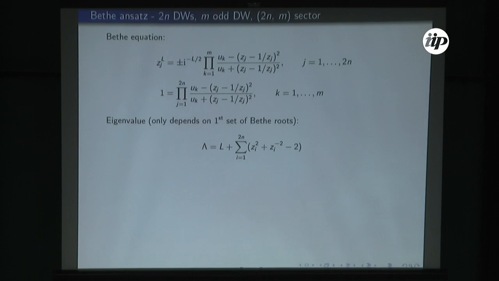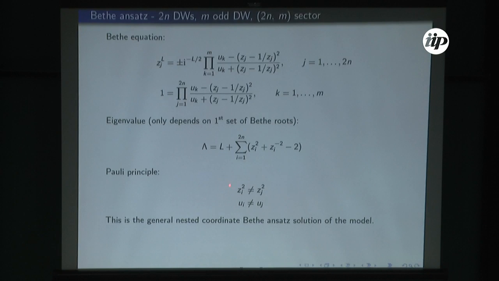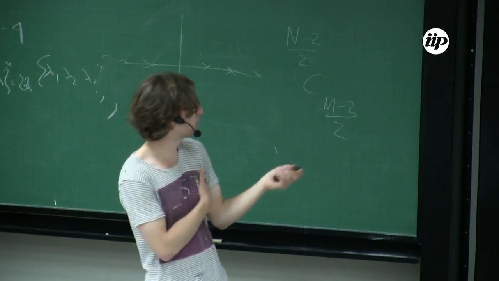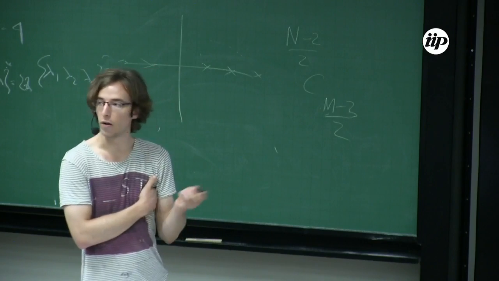So the eigenvalue only depends on the first set of Bethe roots, and the Pauli principle is utilized as such. This is the most general nested coordinate Bethe ansatz for this model. Okay, so we did this.